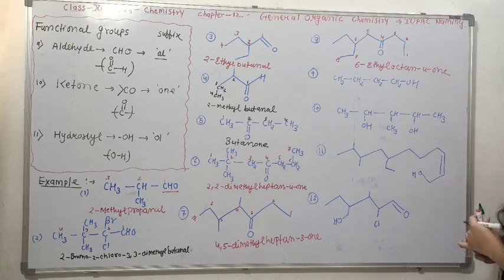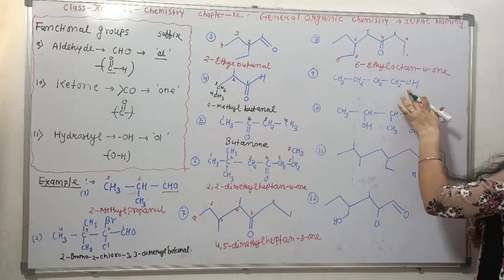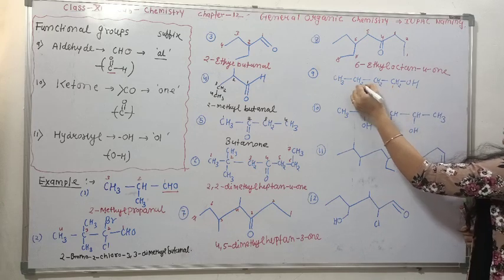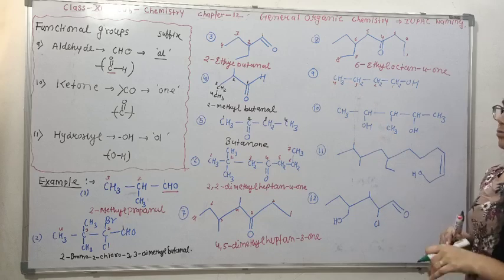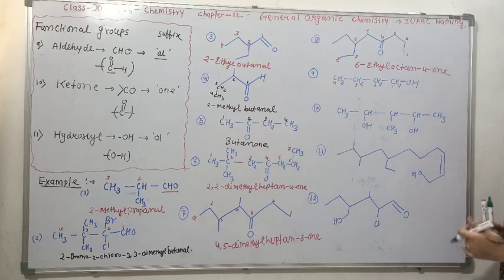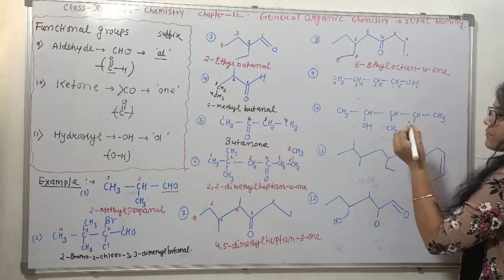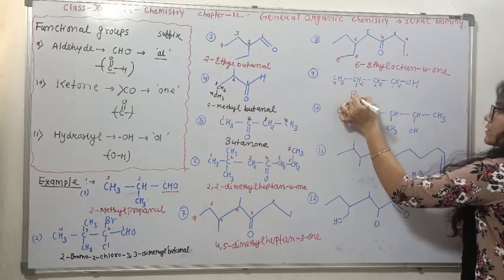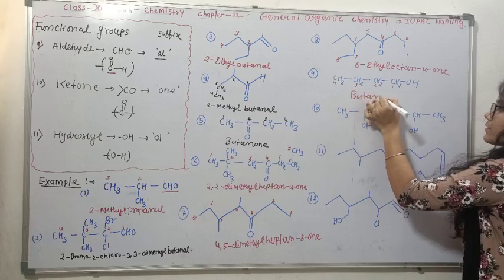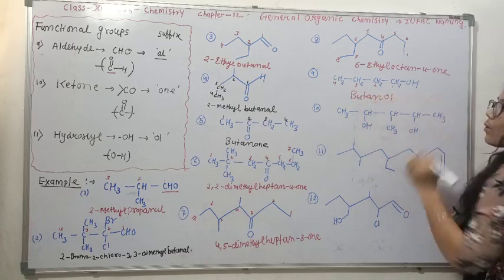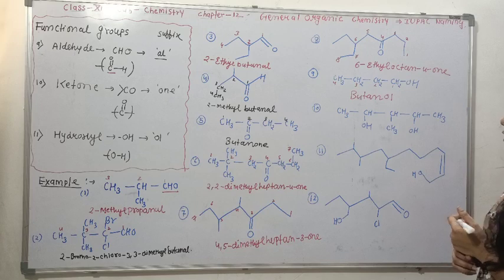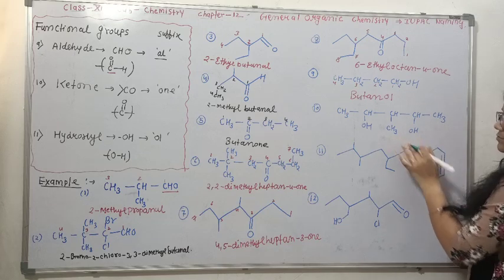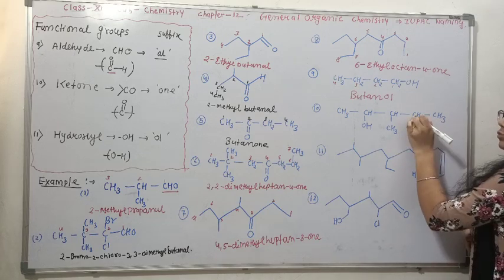Moving ahead, next example is for the alcohol. 1 2 3 4, we have chosen the chain and numbered it. Now name the compound. Very easy, simple. The chain has the functional group, so that is butane 1-ol, or butanol. Next one, 1 2, 1 2.